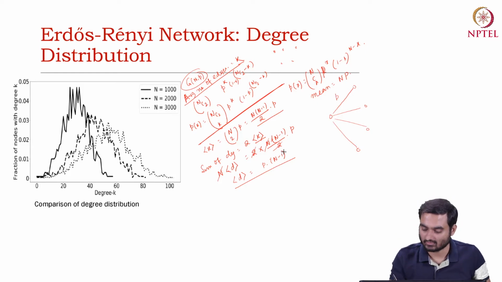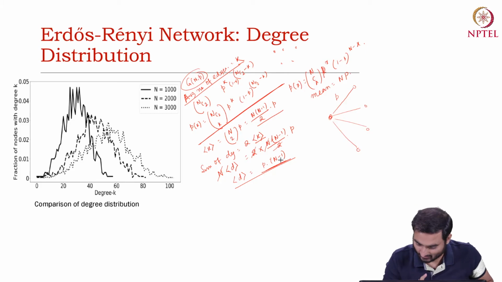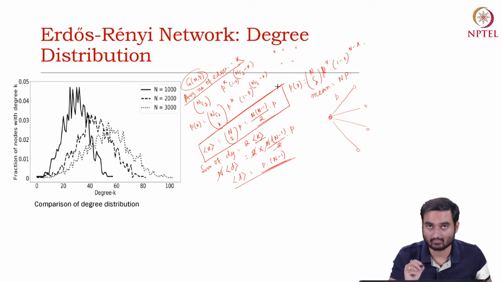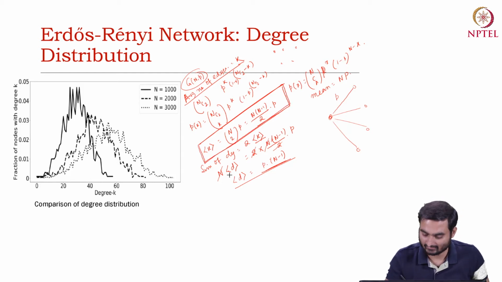So the actual number of nodes which are going to be connected with the particular node would be this one. Okay. So we have seen two things, and please try to remember these two equations, because you will keep using them later on also. This is the average number of edges, and this is the average degree.